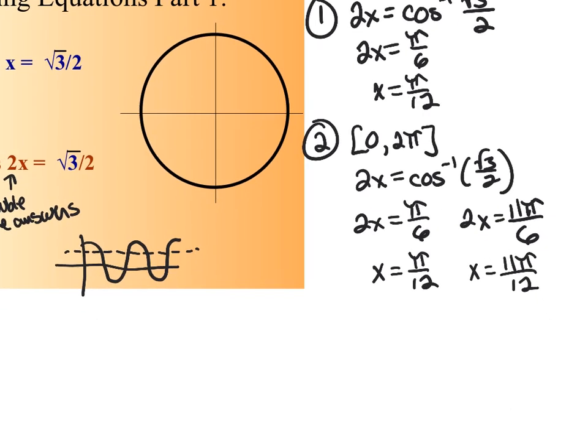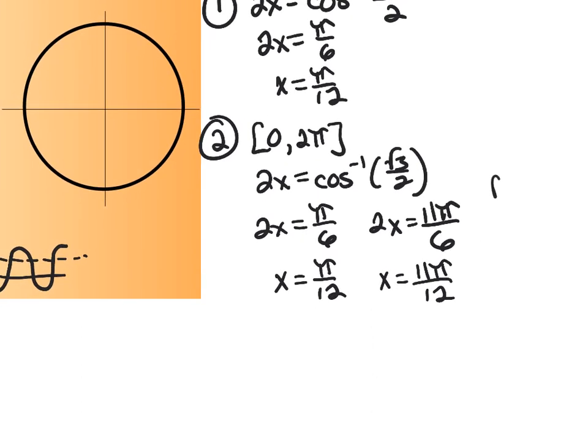Okay, last step is to know that the period of this function, if I take the b, is pi. So it's going to happen at pi over 12 plus another pi, which would be 13 pi over 12. And it's going to happen at 11 pi over 12 plus another pi, which would be 12 over 12 plus 11.